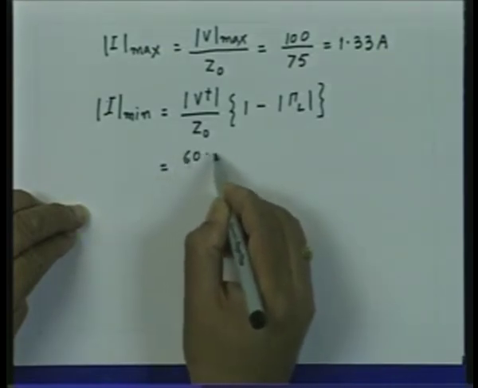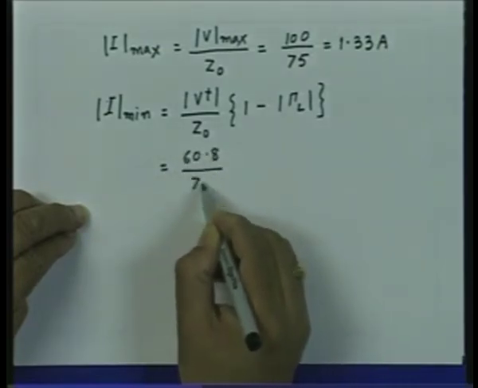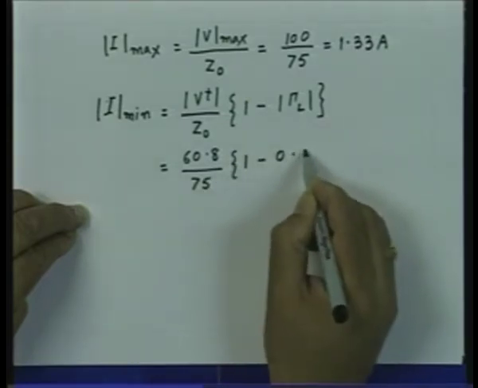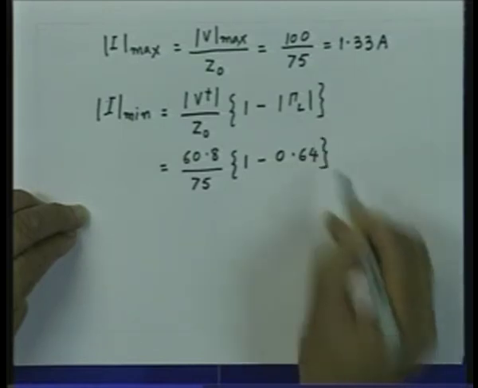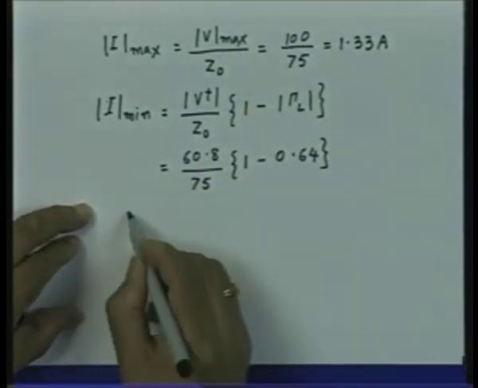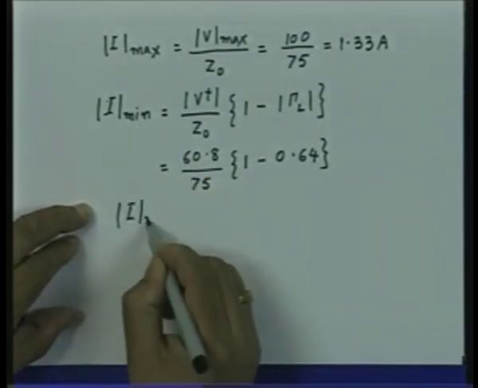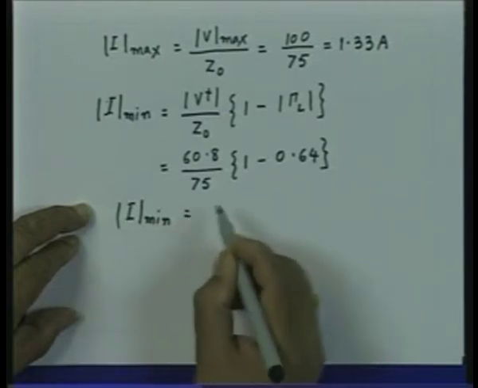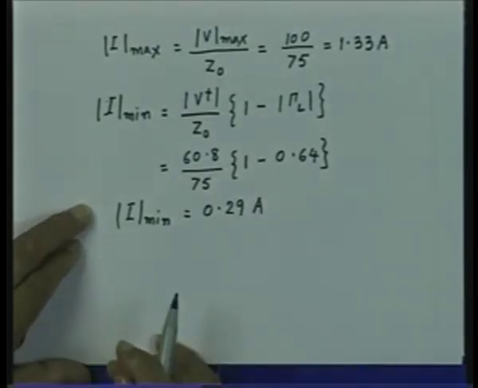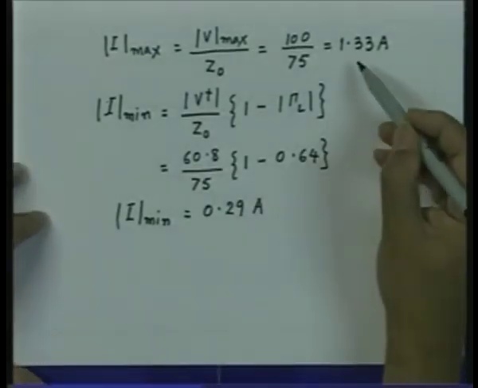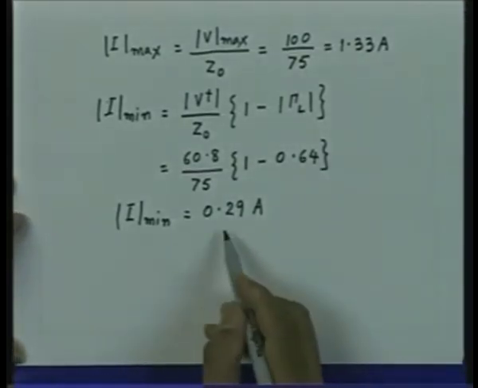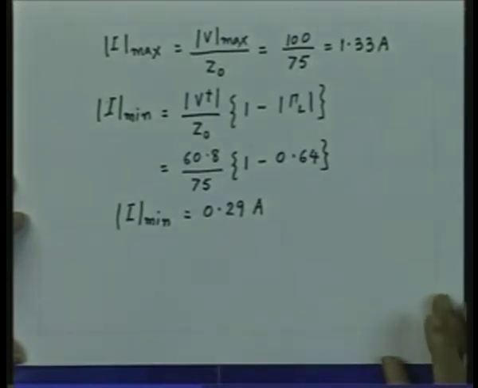So this is 60.8 divided by 75, into 1 minus 0.64, which is the modulus of the reflection coefficient. From here, I min is equal to 0.29 amperes. So the maximum current you see on this line is 1.33 amperes, and the minimum current is 0.29 amperes.